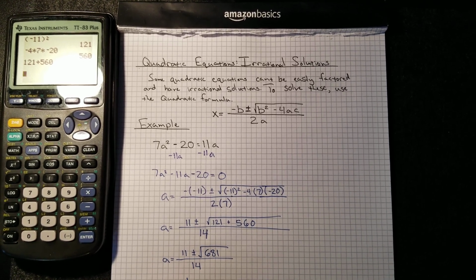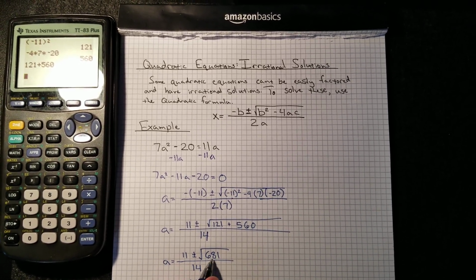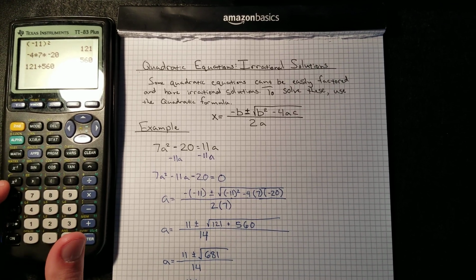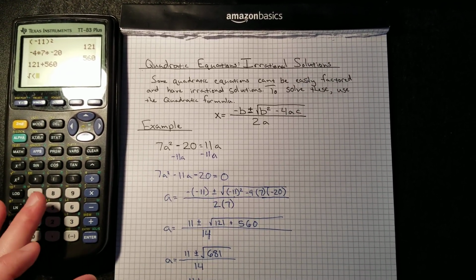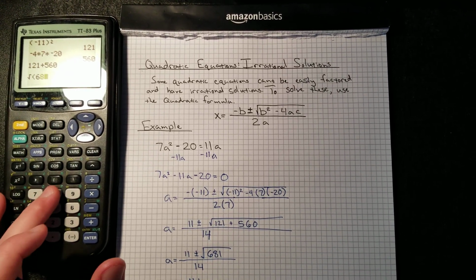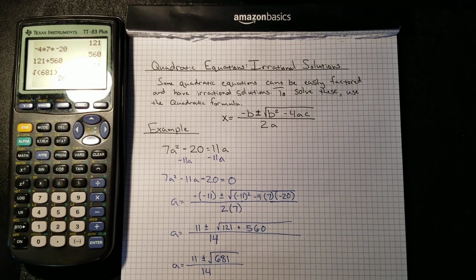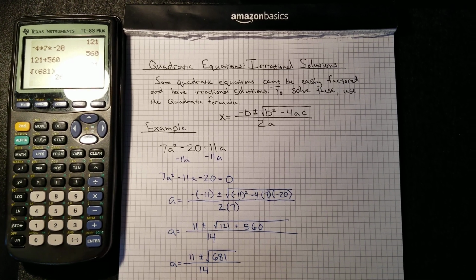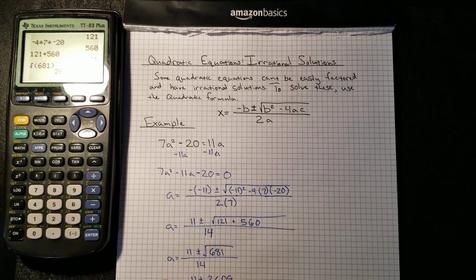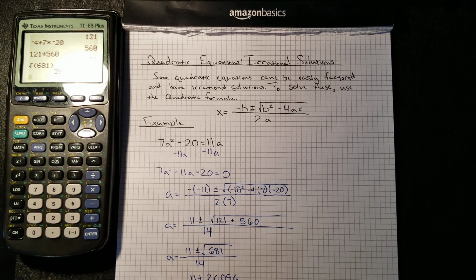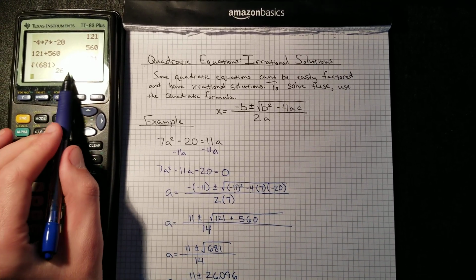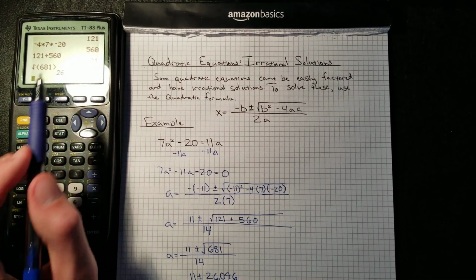We still have 11 plus or minus, and then the square root of 681. So that's going to be 26.096. I'm going to go to the third decimal and I'm going to round that one up.